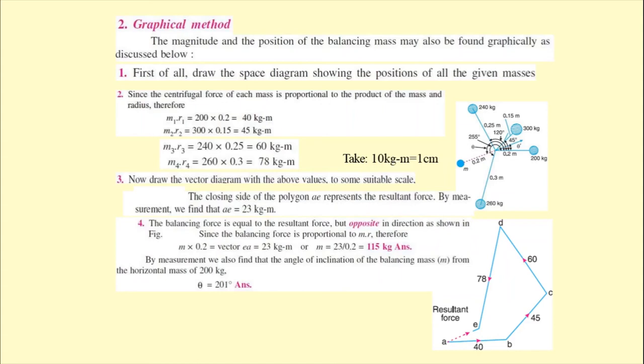Now for finding out what should be the angle of inclination of the balancing mass, what we have to do, simply we have to extend this line E to A. Remember, not from A to E, but E to A, just the reversed direction of A to E, and with the neutral axis, that in this particular problem we can consider that AB is the x-axis.